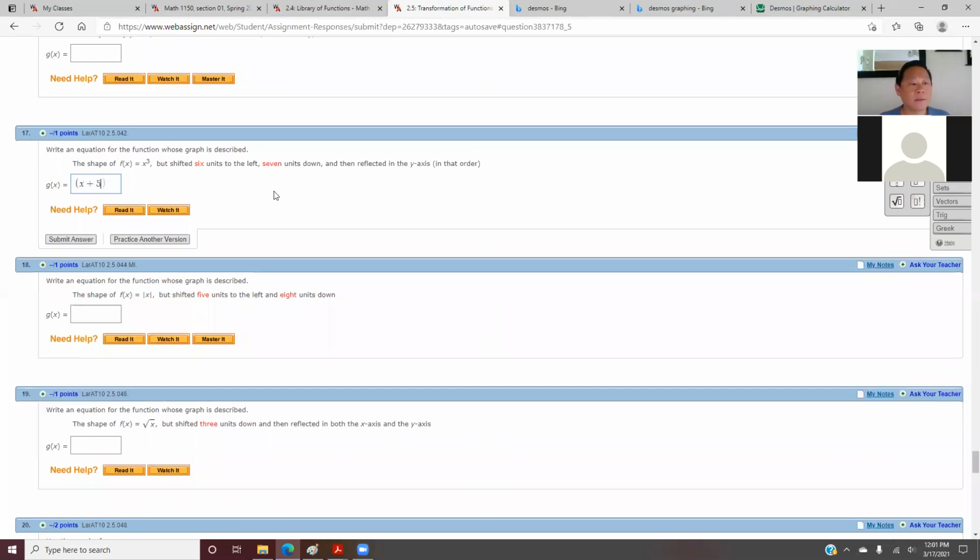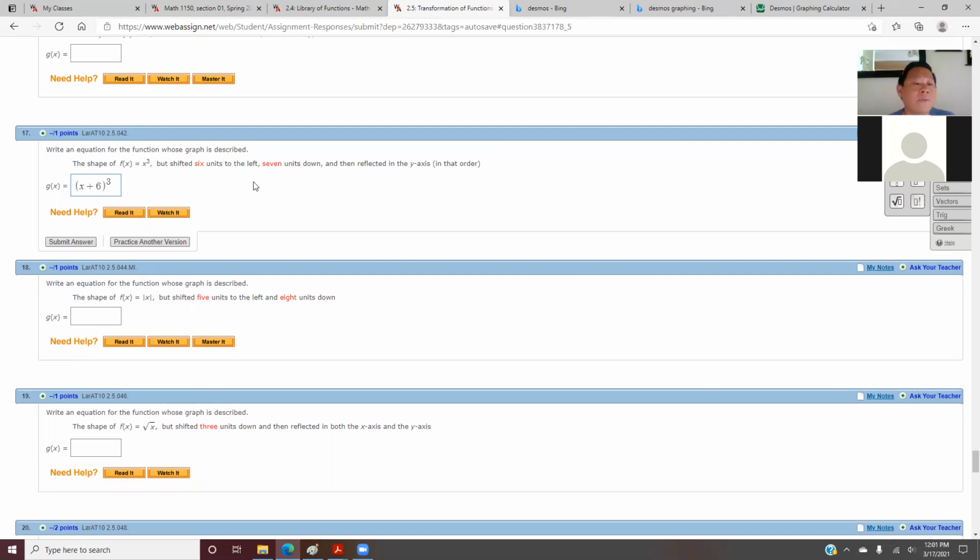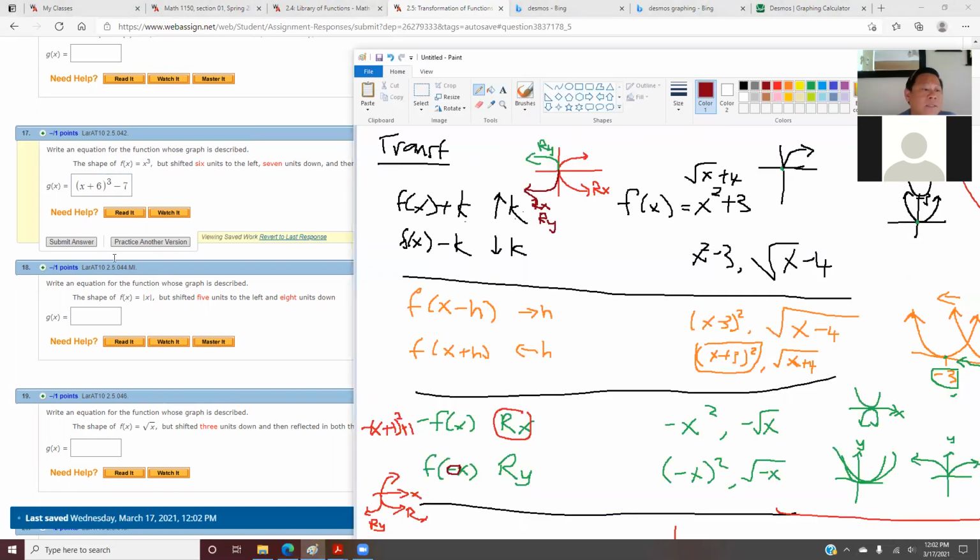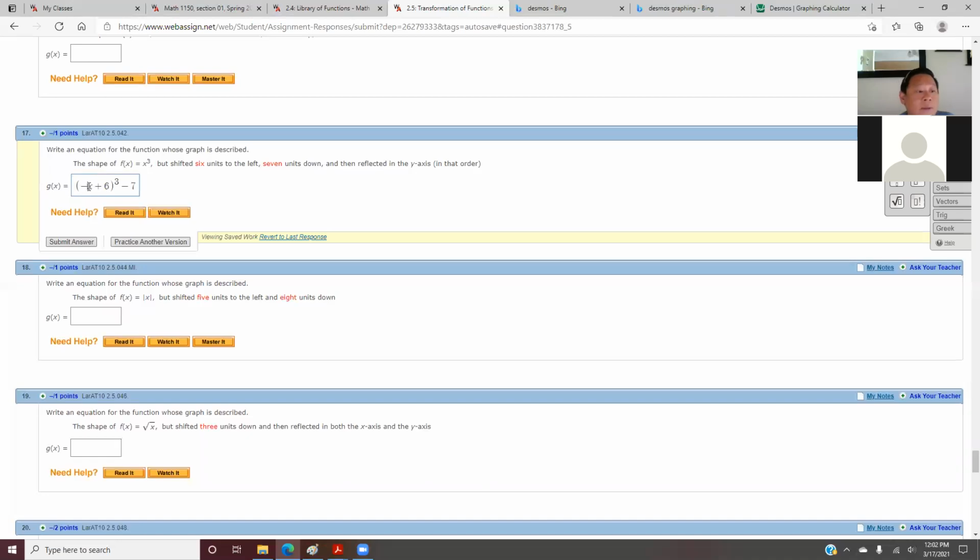So it's x plus 6, to the power of 3, right? Yep. And then how do you do 7 units down? Subtract 7. And then you reflect this on the y-axis. When you reflect, you put a negative, right? Inside. So you just put a negative inside here.